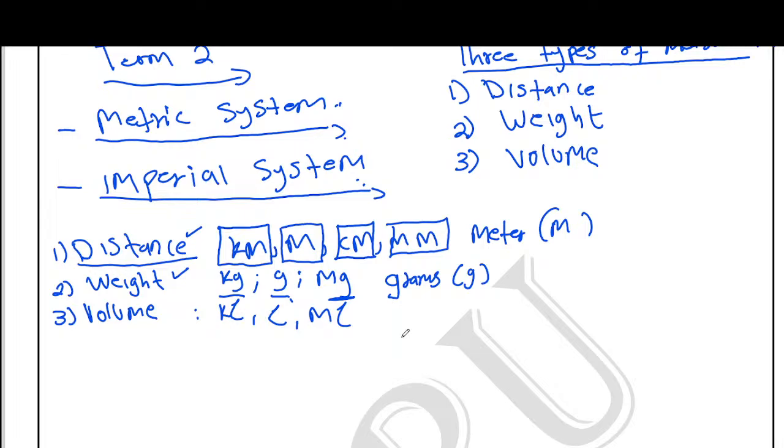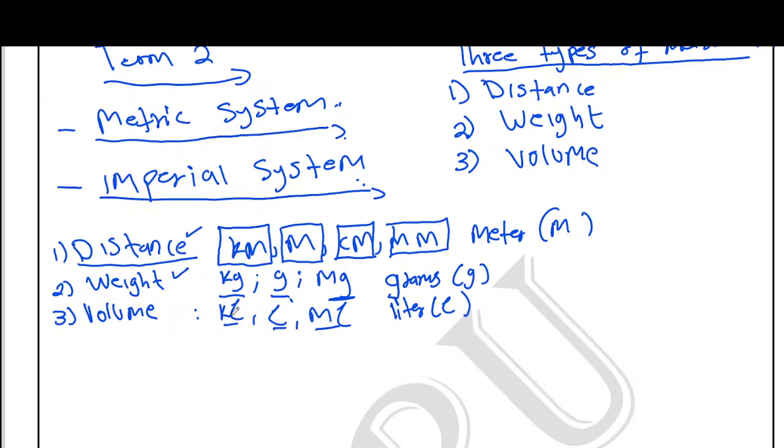Right. Now, when you look at the volume, our common unit there is liters, which is represented by L. So if you check, we have kiloliters, liters, and milliliters. Everything here has liter.